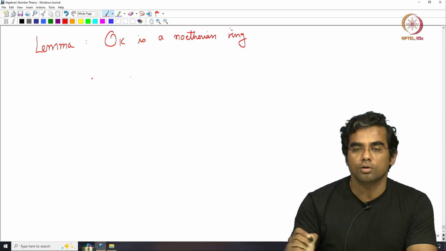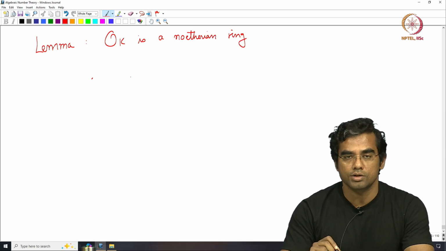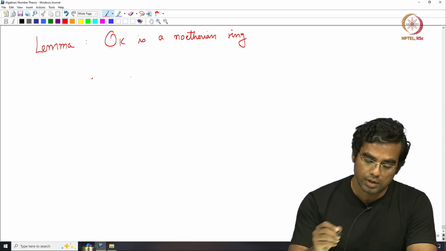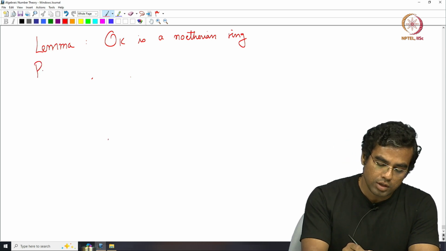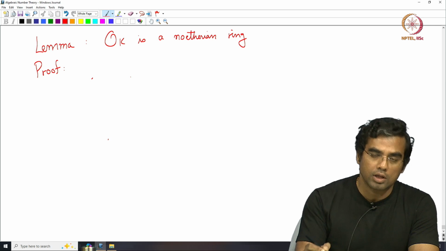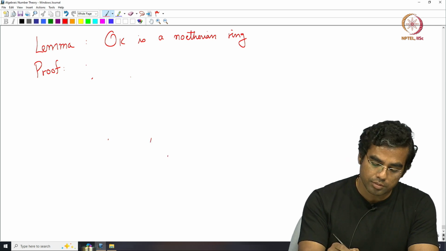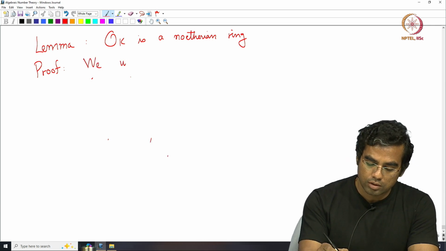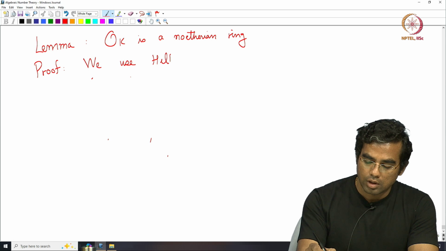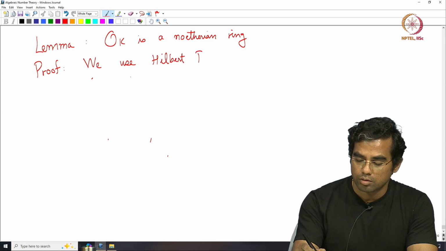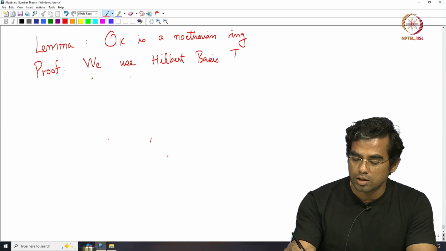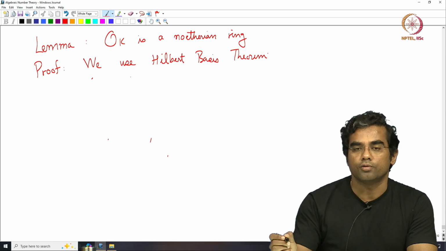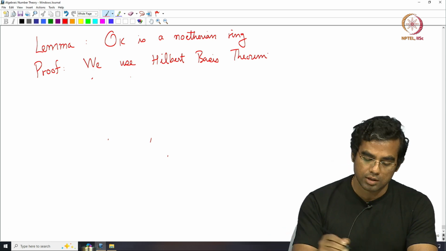This essentially follows because OK is a finitely generated Z algebra. So, in the proof we will use the Hilbert Basis theorem without proof. I am not going to prove the Hilbert Basis theorem for you.